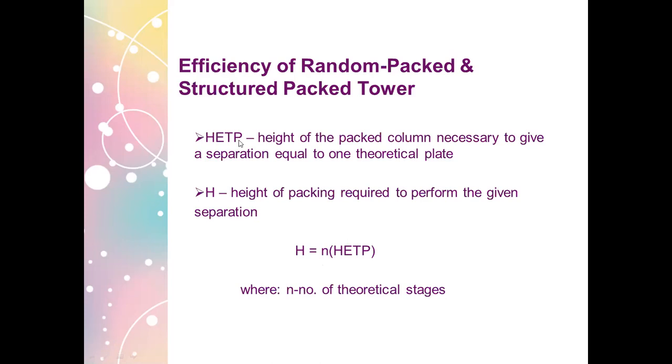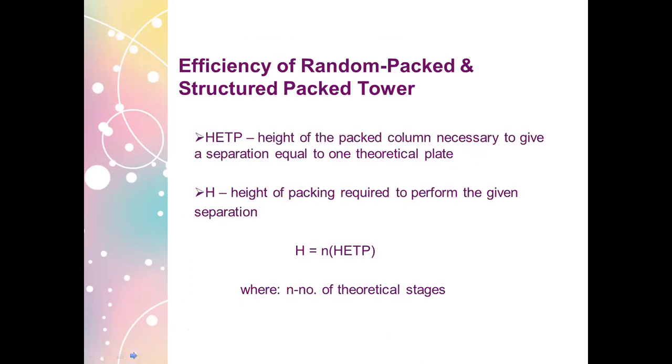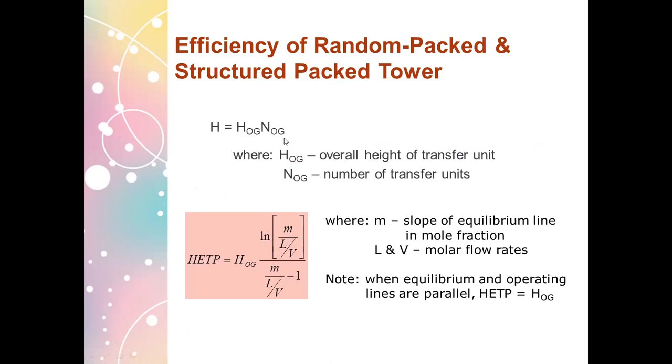The height of the entire column, it follows, would be the height of a particular packing material equivalent to a plate times the theoretical number of stages. Then that would be the height of the entire packing material that you will be using for your column. Now, if we don't want to use this particular formula having the HETP, we can also have the HOG times NOG formula, just like in gas absorption.